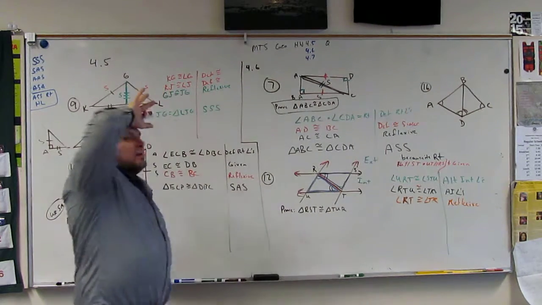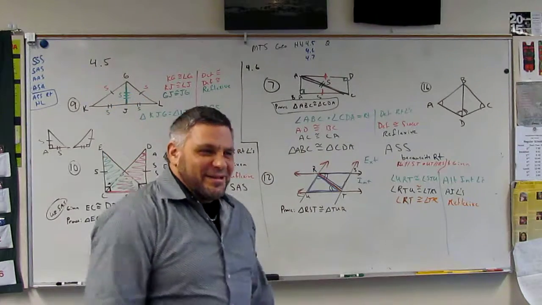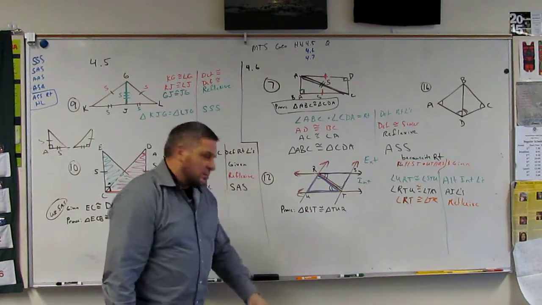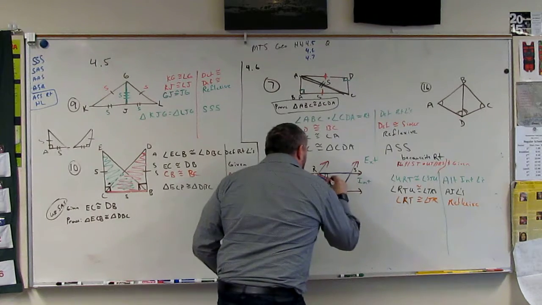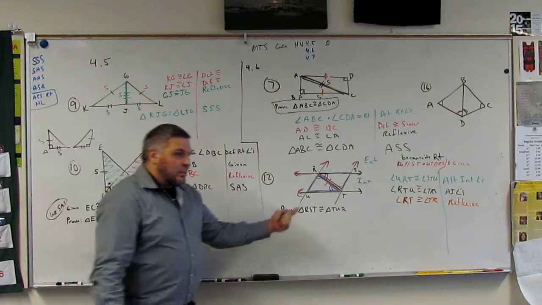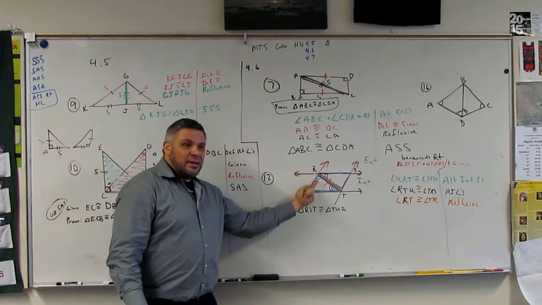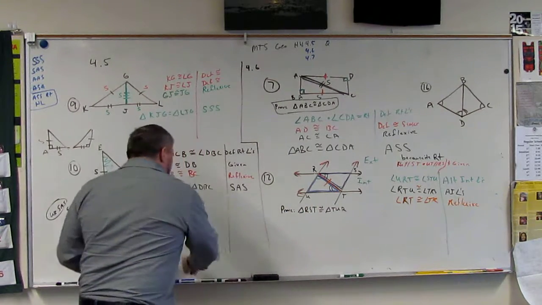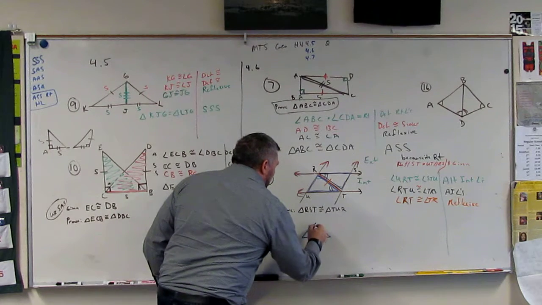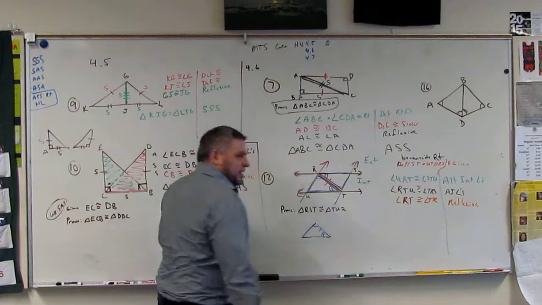Whew. Okay. Now what? Is that enough? So I know that this is congruent. Is that enough? What do I have? Take a look. I have this blue one, right? Boom, boom, boom, and it goes dink, dink, dink, dink.